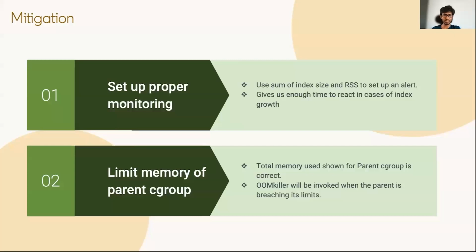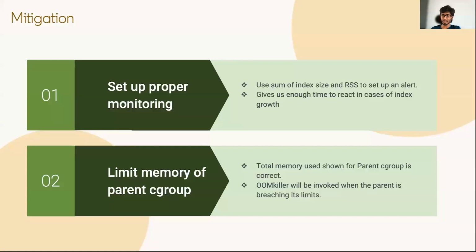So we put up another mitigation as well. We put a limit on the memory of the parent cgroup. As we saw earlier, the parent cgroup is unbounded in our case, but it shows the correct amount of memory used. So we put up limits on it, so that the killer will be invoked when the parent is reaching its limit.